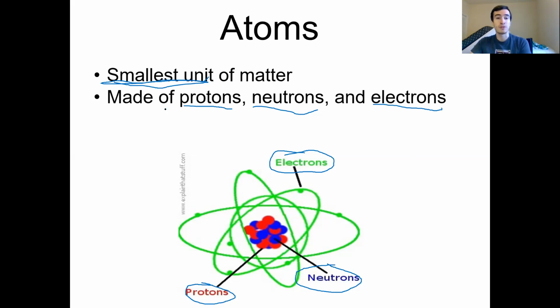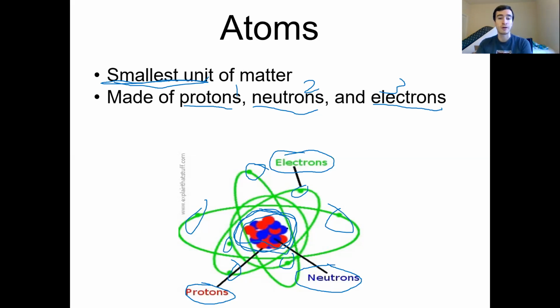So as you might be able to notice, for our three different particles here, protons, neutrons, and electrons, there are two different places where we can find them. We can either find them in the middle part of the atom, or we can find them orbiting around on these rings on the outside. So kind of swirling all around on the outside.